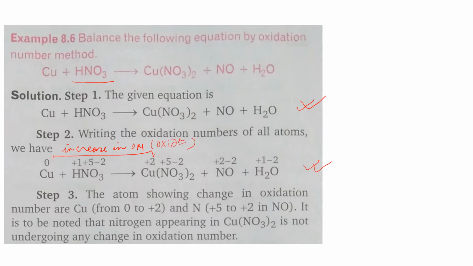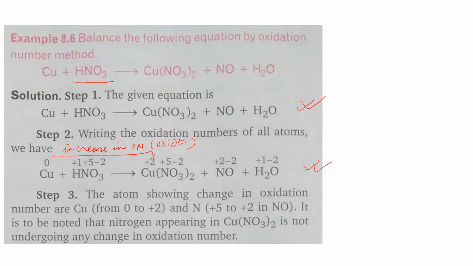Now you can see here hydrogen and oxygen we will not take, but you can see there nitrogen is plus 5 to plus 5 here, and nitrogen again here plus 5 to plus 2. So we will take this one.